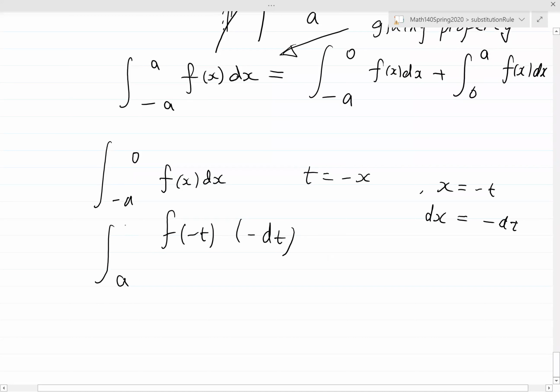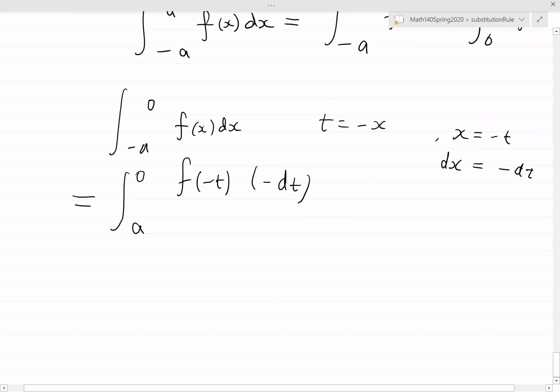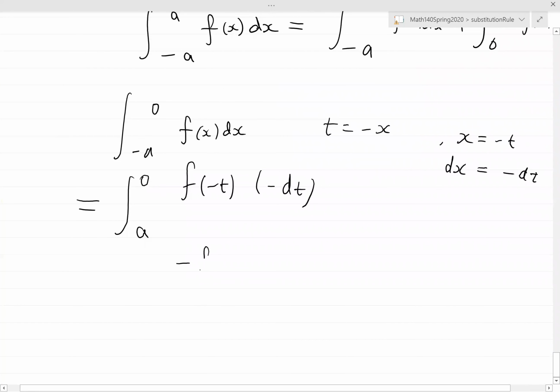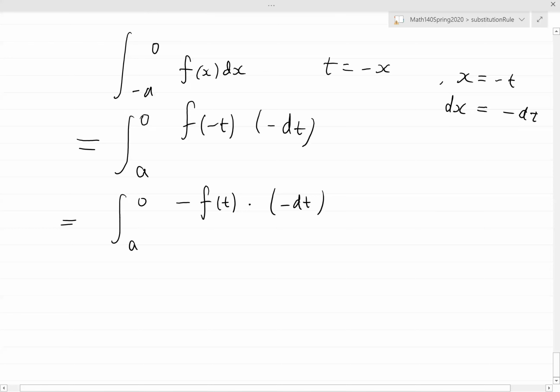When x is 0, t is 0. Because the function is odd, we can factor the negative one out. So it's negative f(t) multiplied by negative dt from a to 0. The two negatives cancel, so this will be the integral from a to 0 of f(t) dt.